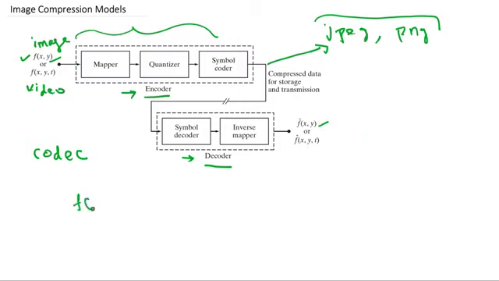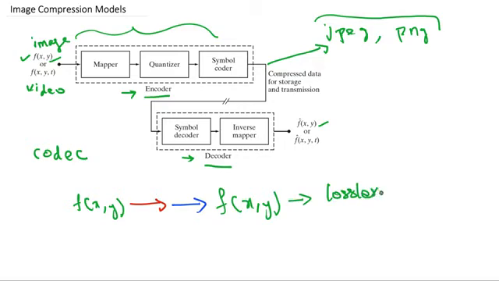Suppose you have an image f of xy and first you compress it, then you decompress it, and you get an image of the same quality, or you restore the same image. Then that compression process is called lossless compression, or error-free compression.